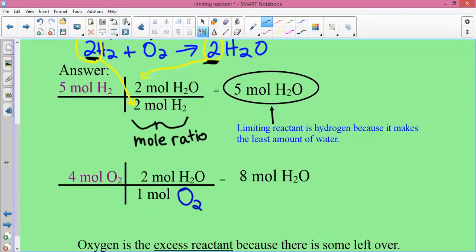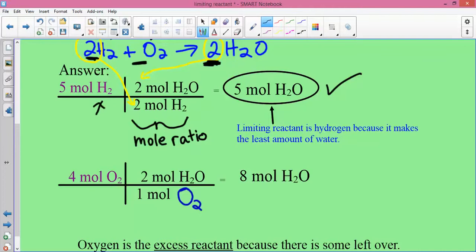These are your coefficients. 2 moles of H2O to 1 mole of O2. 8 moles of water. So if you had all 4 moles of oxygen used up, you would produce 8 moles of water. If you had all 5 moles of hydrogen used up, you'd produce 5 moles of water. 5 is less than 8. Therefore, this is the amount of water that is produced. And hydrogen is your limiting reactant.